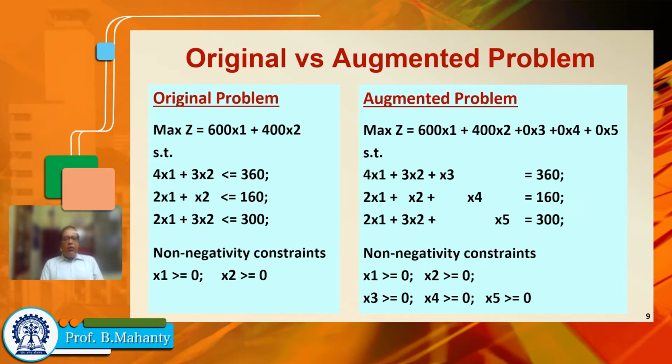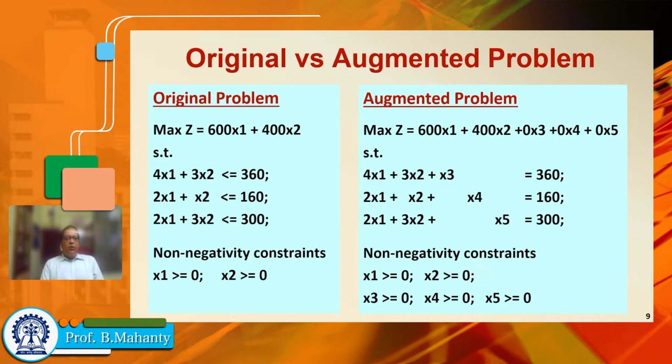So initially the non-basic variables are x1 equal to 0 and x2 equal to 0. And x3 equal to 360, x4 equal to 160, and x5 equal to 300. That is the initial solution represented by the first table.